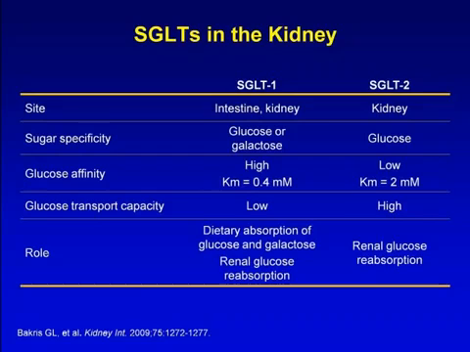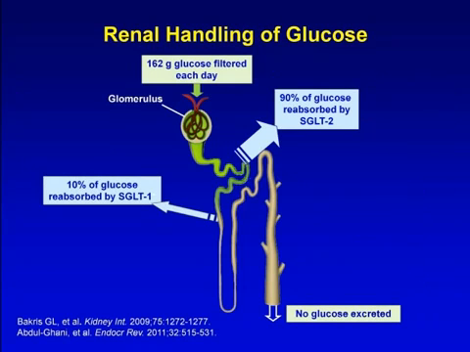The role of SGLT1 is really absorption of glucose and galactose from the intestine, from the diet, while the main role of SGLT2 is to reabsorb glucose after filtration in the kidney. So we see here a typical nephron, and we know that there is a certain amount of glucose that's filtered every day, up to about 180 grams a day.